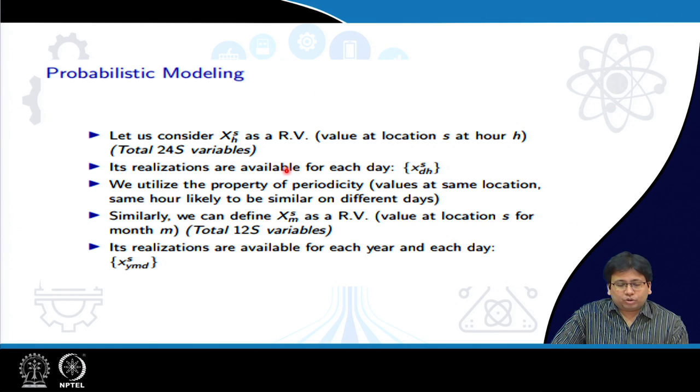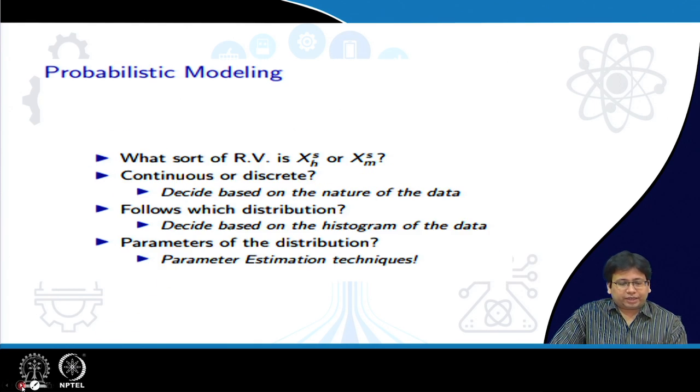So using that, we can try to build some kind of probabilistic model using those random variables, assuming some kind of relation between the different random variables, or trying to put in some other properties, or to capture their spatial and temporal variations and so on. Again, we will understand these in the next step.